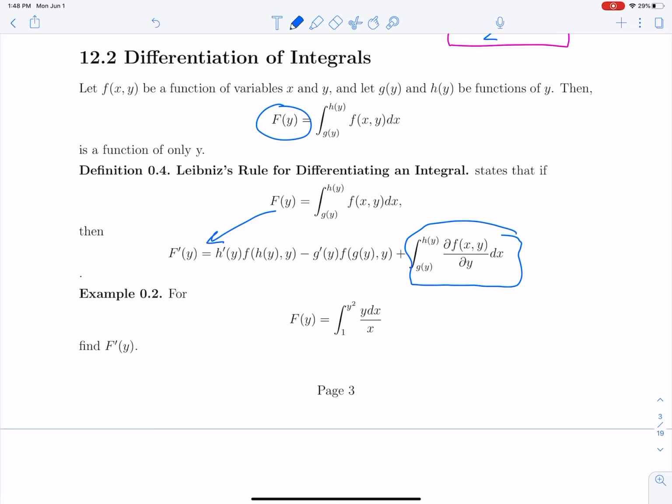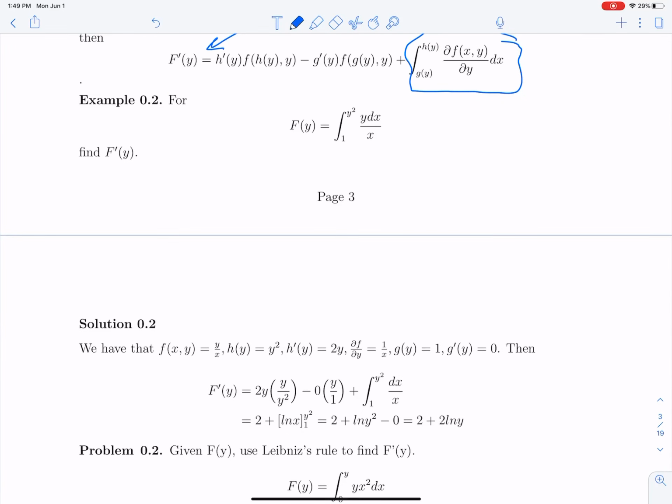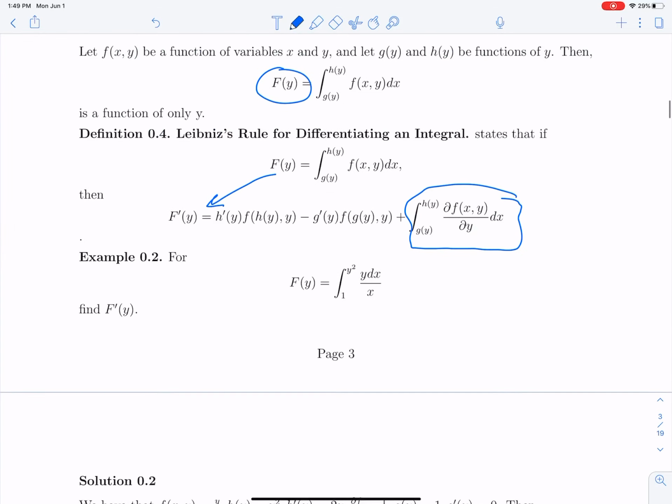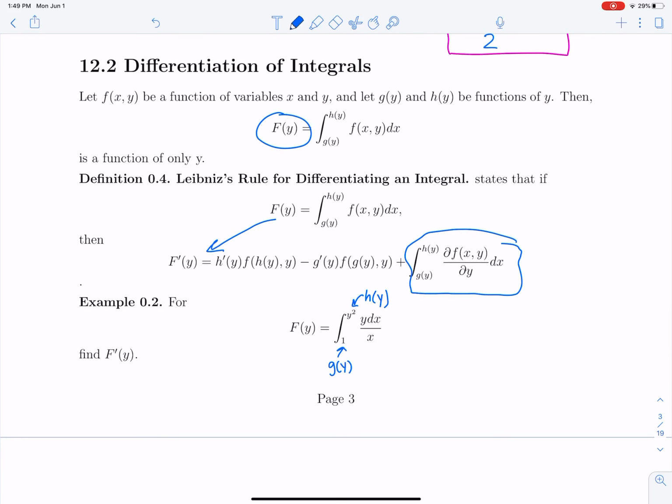Basically, this section is very cut and dry. So there's this rule, and it's basically a formula of how you go about solving this. So for example 0.2, if you notice, I have a function of y, and both my boundaries, in this case, one is not a variable, but treat it as a function. So like how we have up here g of y and h of y, this is g of y, and this is h of y, just because technically we're considering one a function.